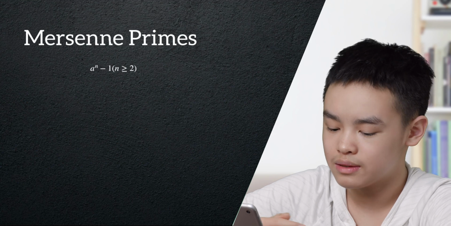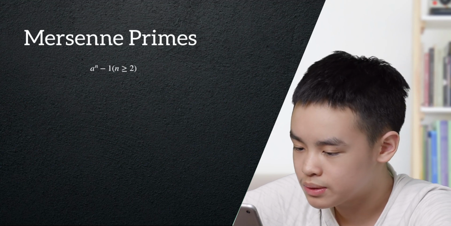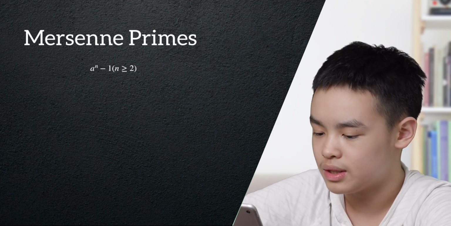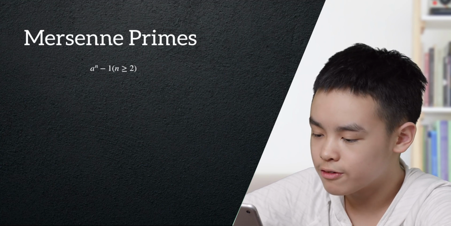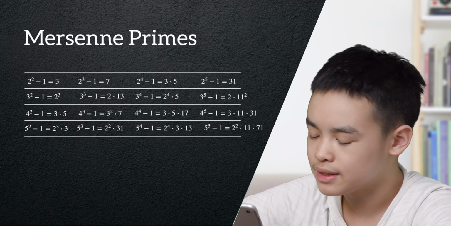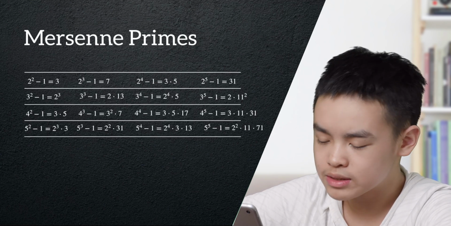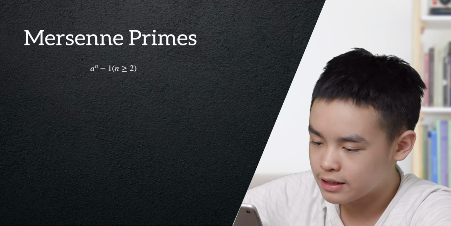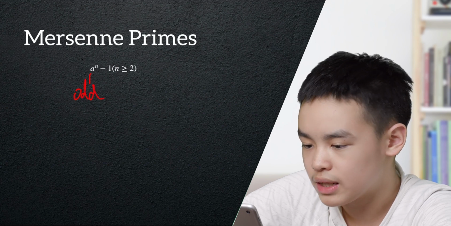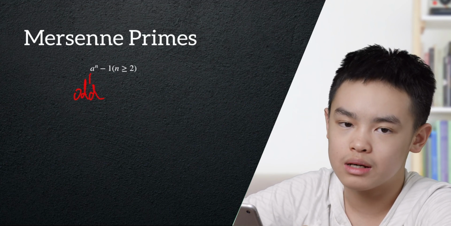So now let's change that number to a to the nth power minus 1 with n greater or equal to 2. And of course, to start off, we are going to have a list. First we find that if a is an odd number, then a to the nth power is definitely an odd number.